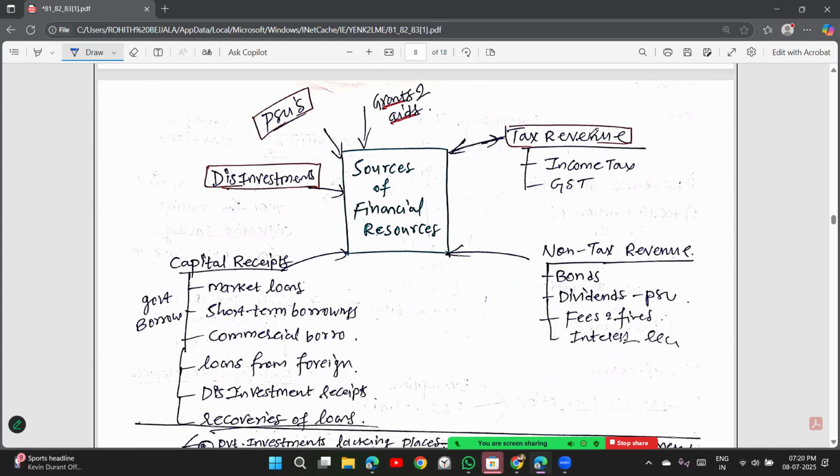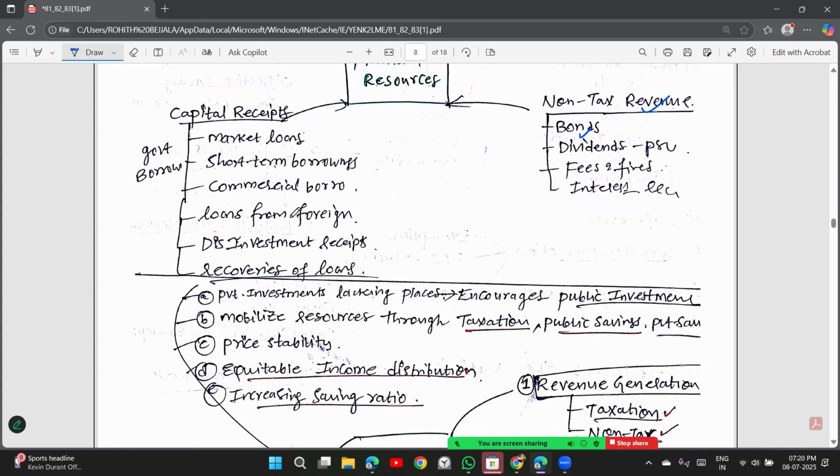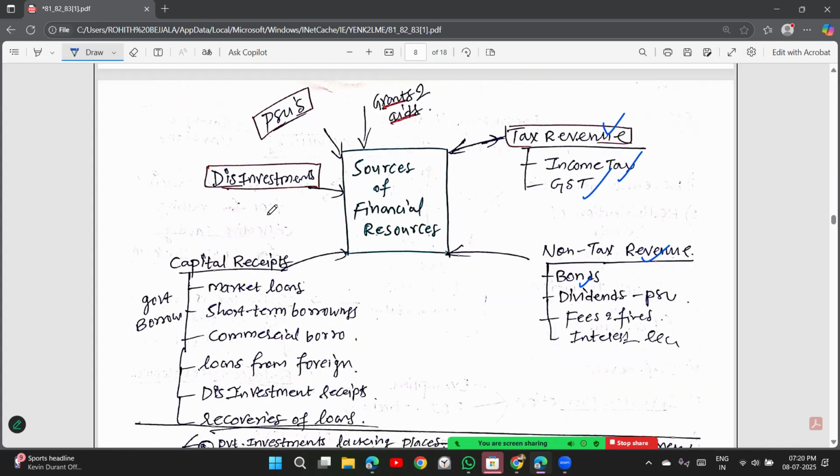One is tax revenue, like income tax, GST, and non-tax revenue like bonds, dividends, shares, fees, prices, etc. And there are capital receipts and disinvestments also, like the government disinvesting, selling some properties of the government, and from them also the government will be accumulating some resources, and from PSUs, public sector undertakings. All these things will be the sources of financial resources, meaning rupees generated from them.